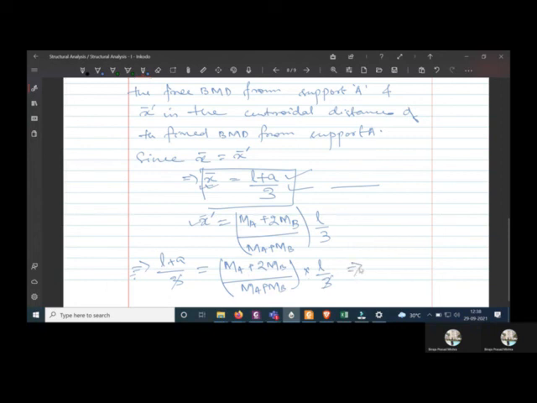If you solve this, we will get MA plus 2MB equals WAB by L square into L plus A. This is the answer.